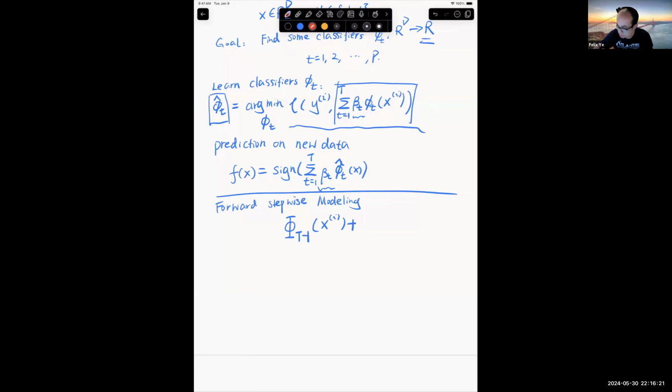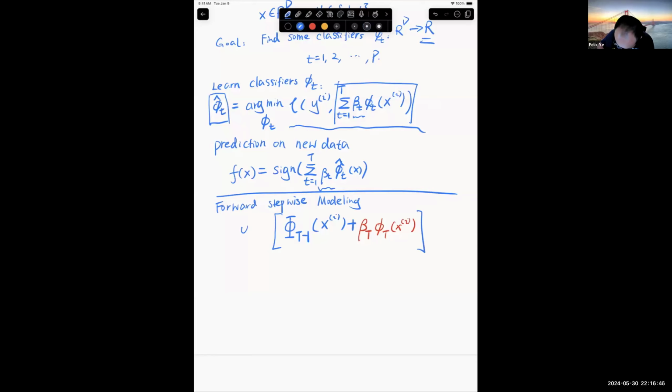This correction term is called beta t and phi t of x of i. So this is basically one additional term. I want this whole thing to be our new strong classifier.